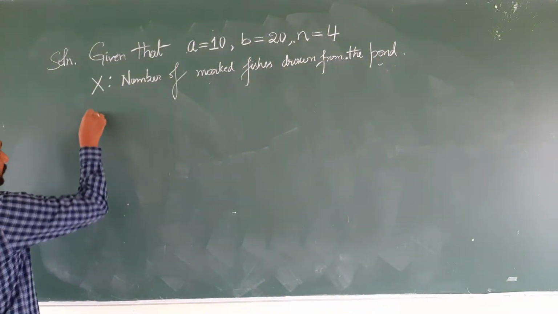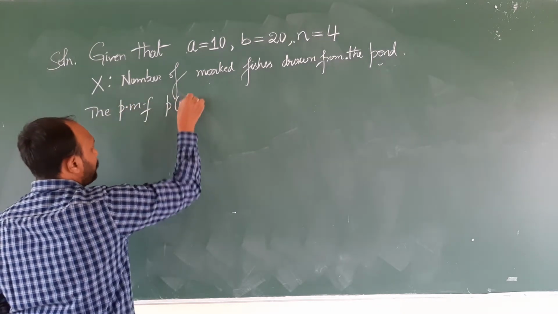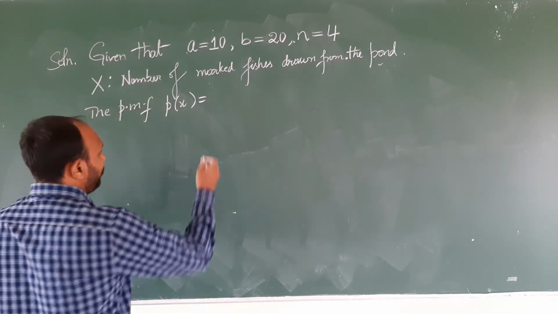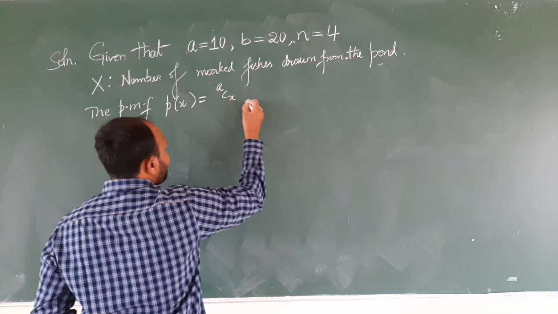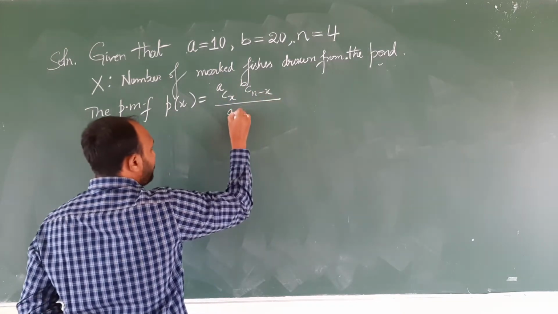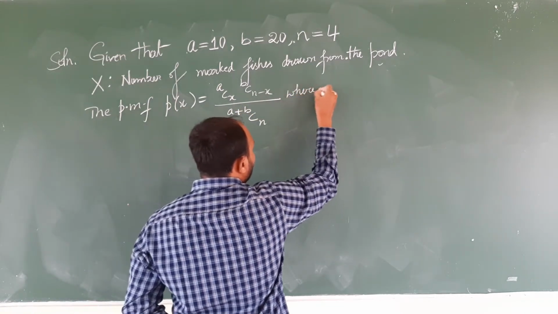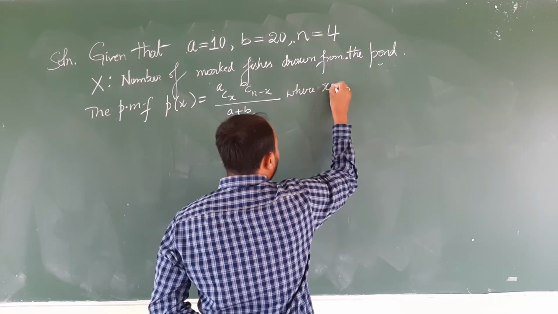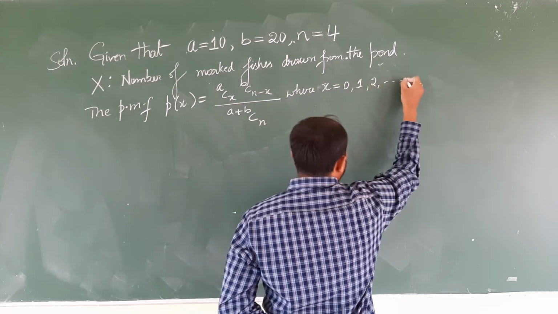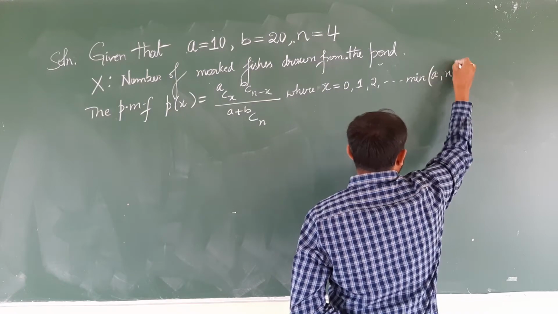Now, followed by this, we need to define the probability mass function for hypergeometric distribution. What is the PMF in general form? P of x is equal to A C x, B C n minus x, divided by A plus B C n, where x can take 0, 1, 2 up till minimum of A comma n.